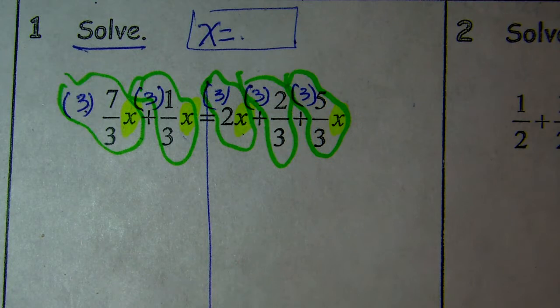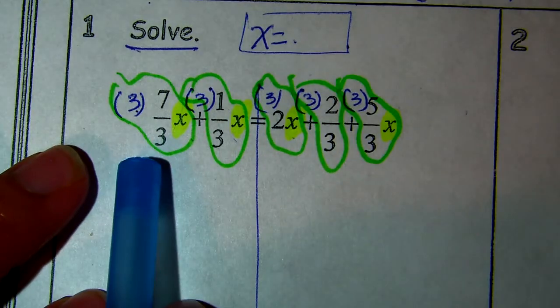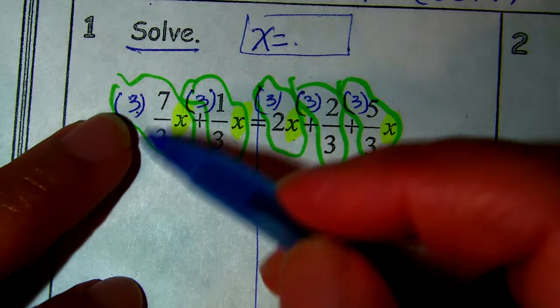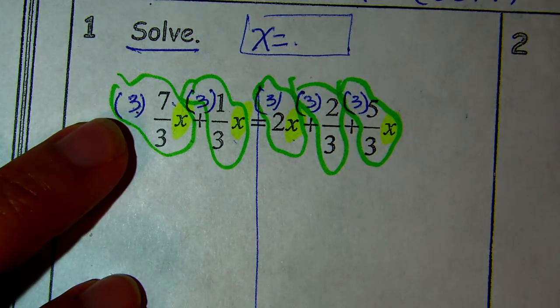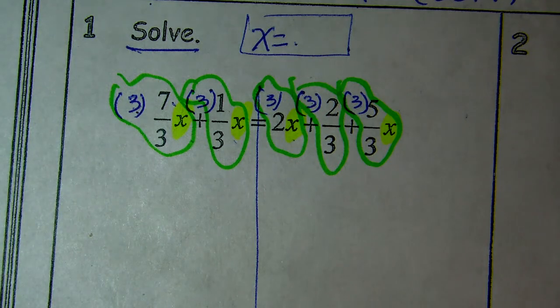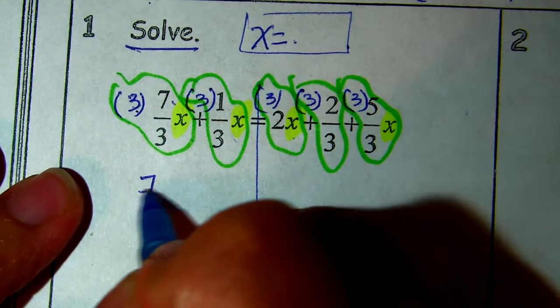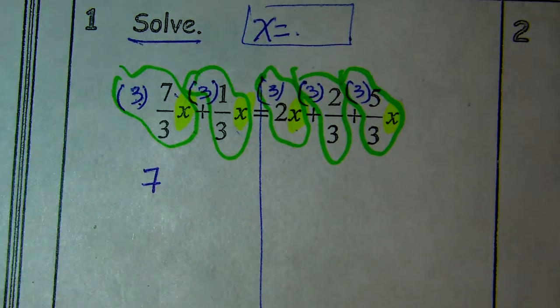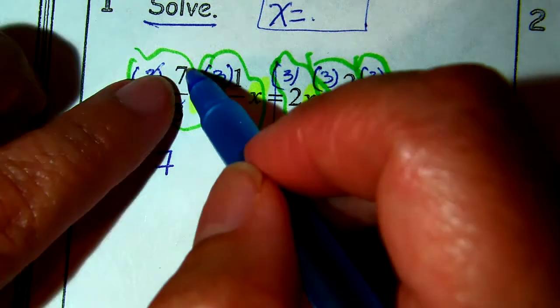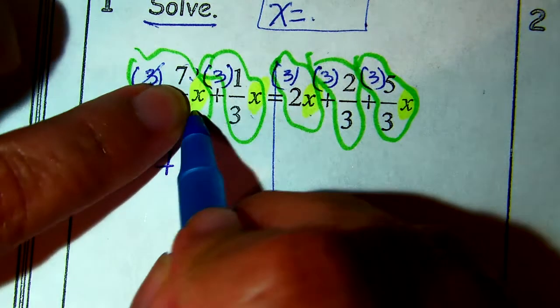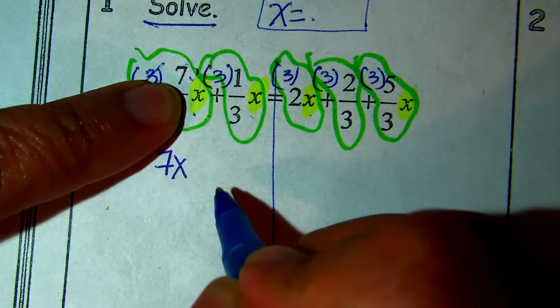So, what happens here? If you're multiplying 3 times 7, it's 21. And 21 divided by 3 gives you 7. Or you can say that 3 crosses out with 3 and you're left with 7x.